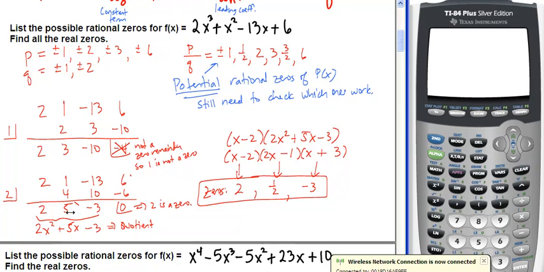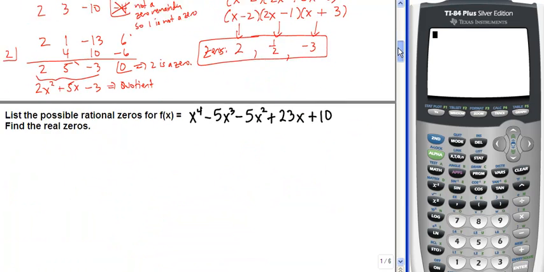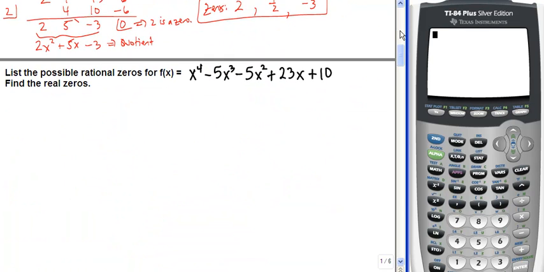And then once I know that I've got a quadratic, I can either factor it, like I did on this problem, to find the other 2 zeros, or I might have to resort to the quadratic formula to find those other 2 zeros. And in this example, we had 3 zeros, and they were all rational because they were all either integers or fractions. Okay? All right, let's try another example.